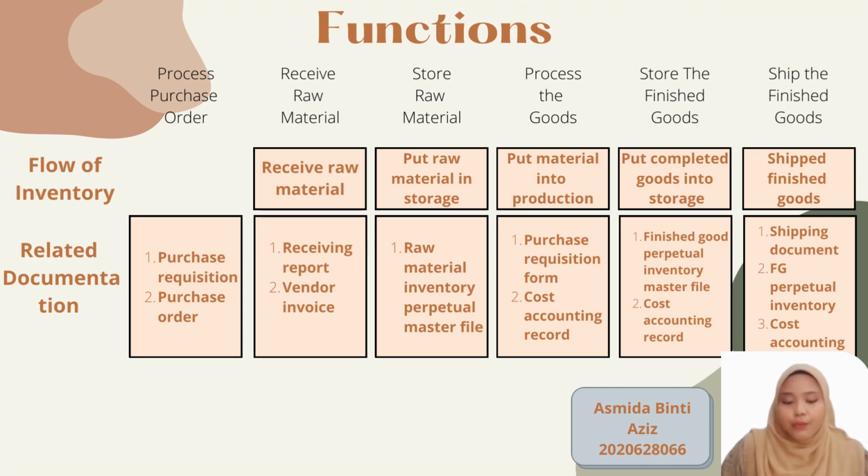Next, the fourth one is process the goods. Under process the goods, there are 2 related documents, which are the purchase requisition form and cost accounting record. This function is also related to the third flow of inventory, which is put material into production.